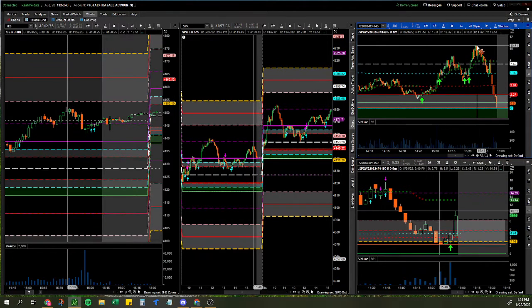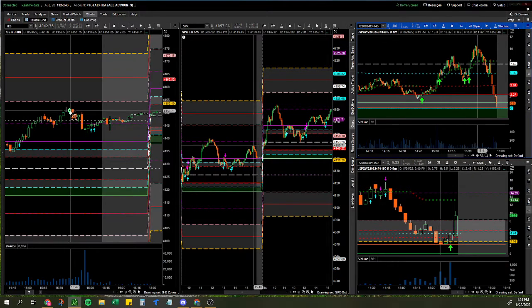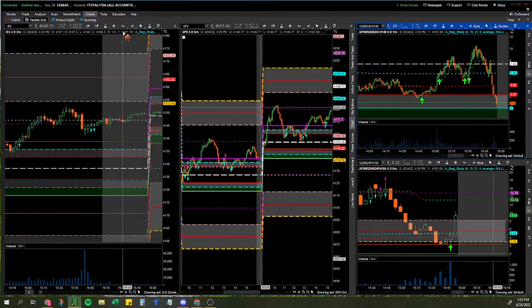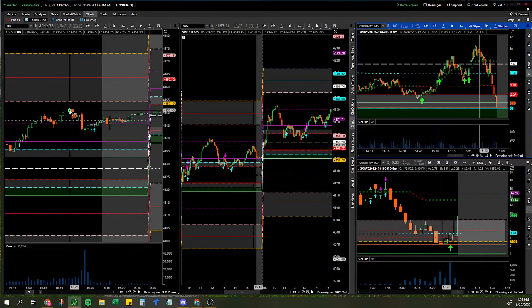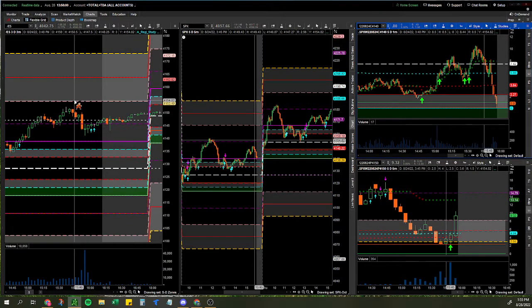There's a double right in that move, which was only, 1, 2, 3, we'll call it 4 3-minute candles. So it's a 12-minute trade. And I know I'm risking from here to get to there.